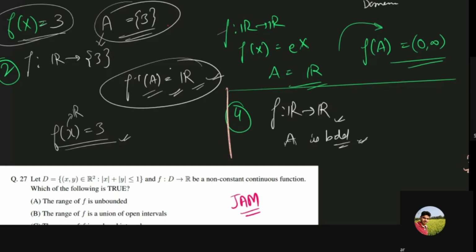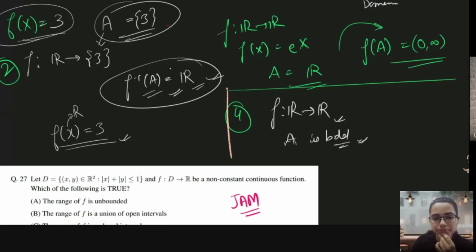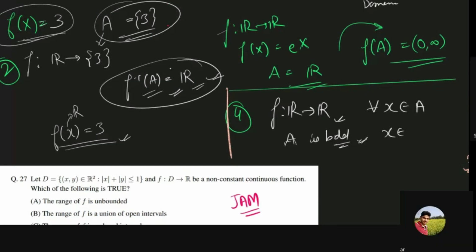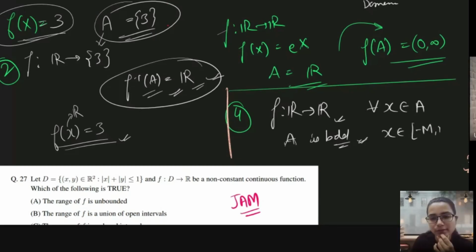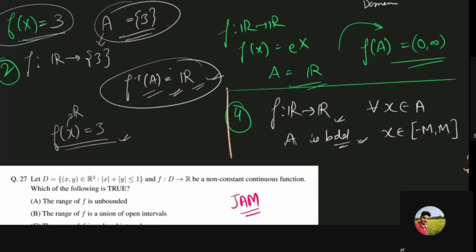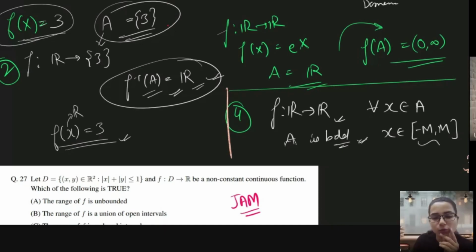So it is clear that A is a subset of the closed interval [-M, M], and that closed interval is a subset of the domain, because the domain is R. It need not be closed. In that case, it will be closed and bounded.